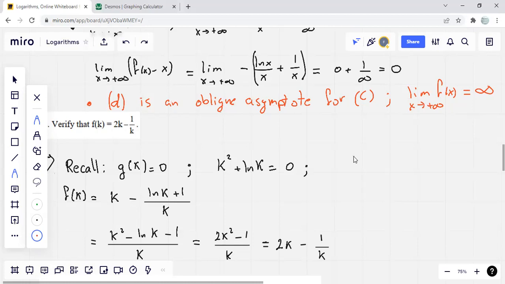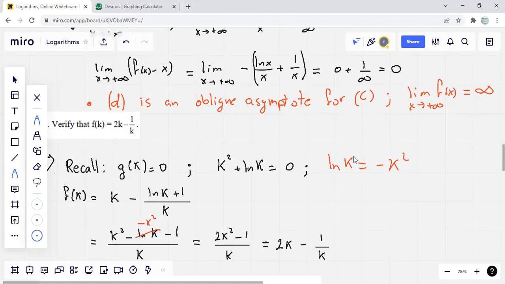Okay, so now what can we do with ln k? How can we use this result? We can use it to know that ln k is equal to minus k squared; I can take k squared to the other side. Now if I put minus k squared instead of ln k, I have minus times minus, which is plus.